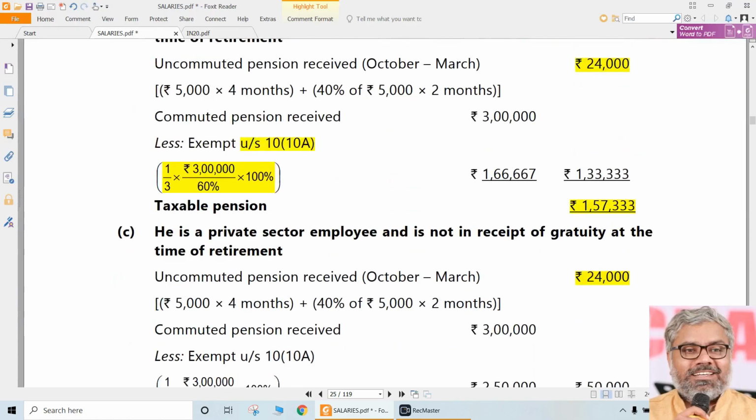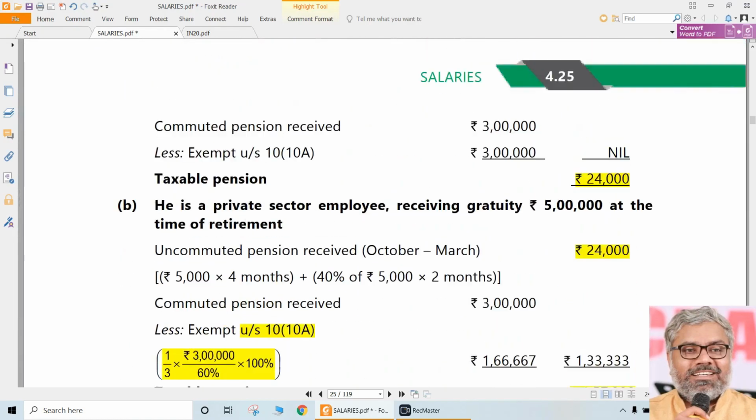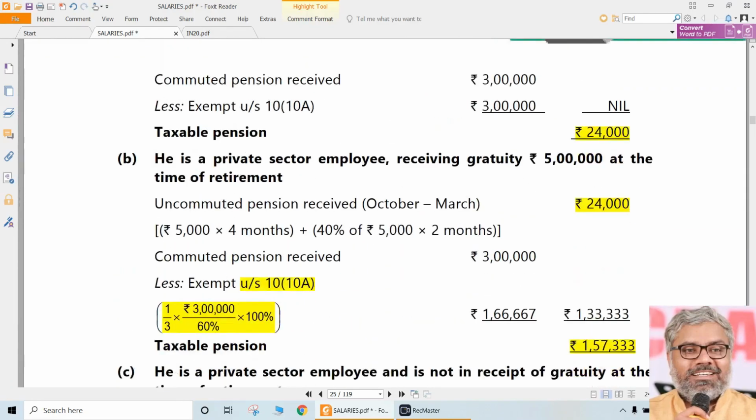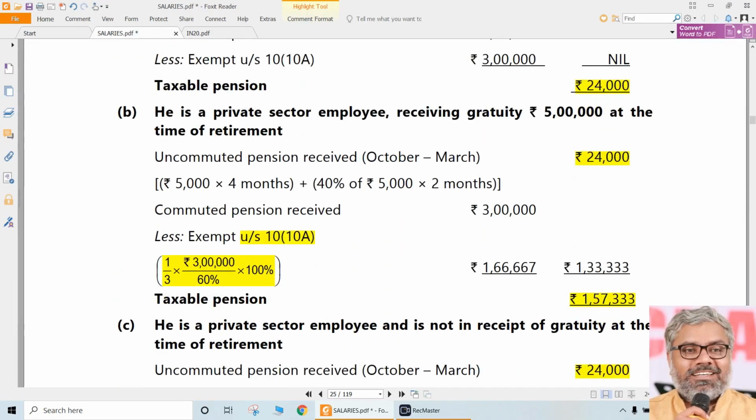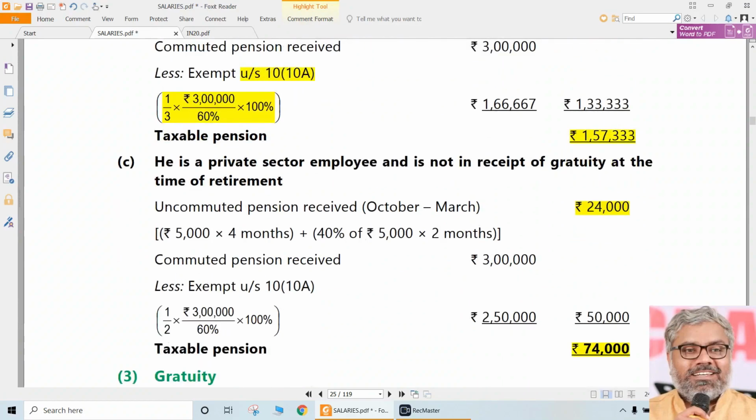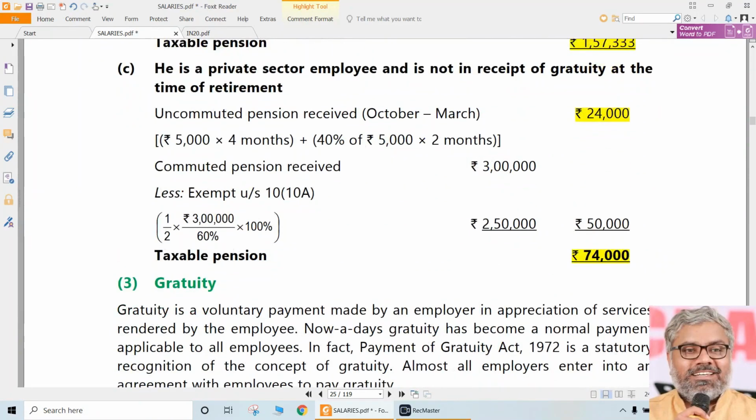Whereas commuted pension is exempt depending upon the nature of the employee. For government employees, it is fully exempt. For private employees who are in receipt of gratuity, it is 1/3. For private employees who are not in receipt of gratuity, it is half. Of what? Half of the commuted pension into 100 by the percentage of commutation.